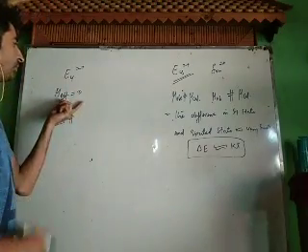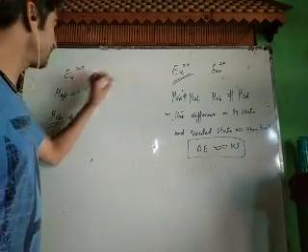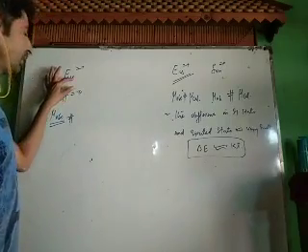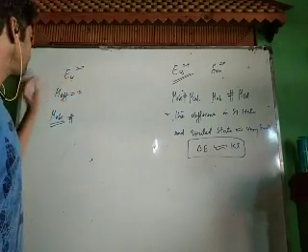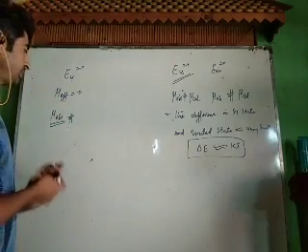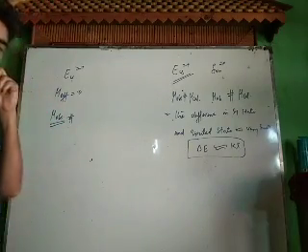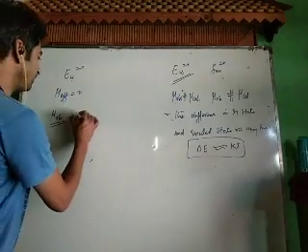Mu effective from this formula, g into under root of J into J plus 1, comes out to be 0 for europium 2 plus, not 3 plus. But experimentally it is not found to be 0. Let me check its value so that I do not give you wrong information. Its value has been found to be 3.4.